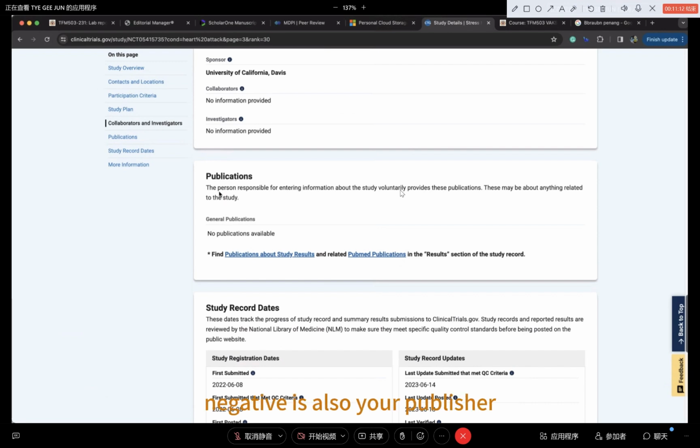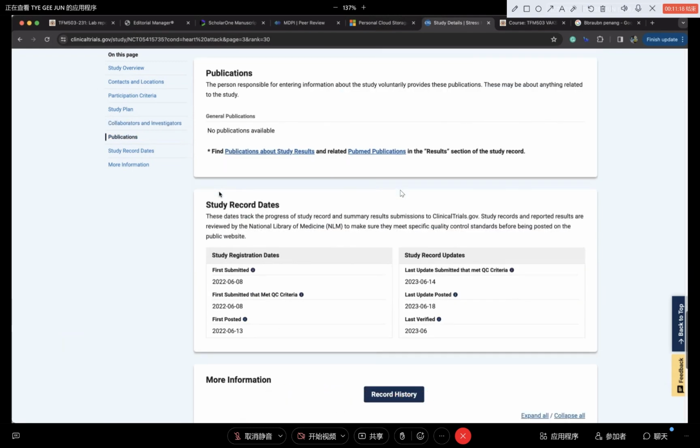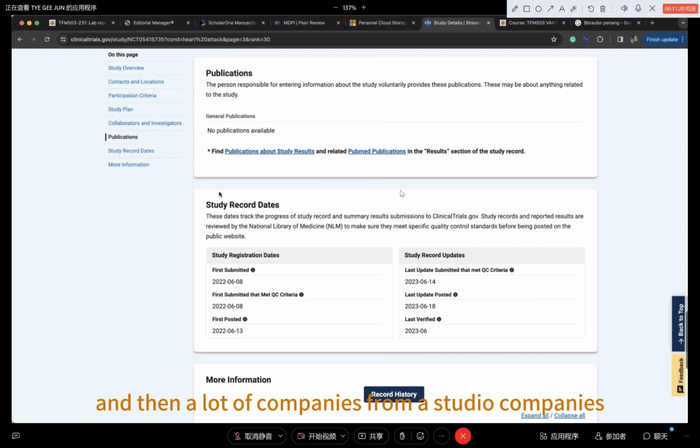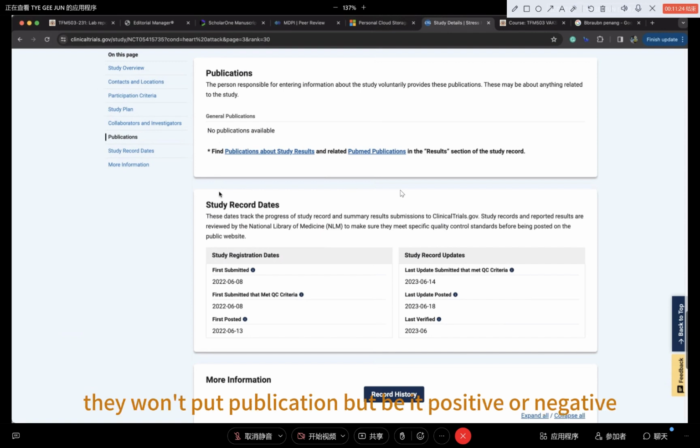Okay, negative results they will also publish, but sometimes most people will want to publish when it's positive. Okay, and a lot of pharmaceutical companies won't put publication, be it positive or negative.